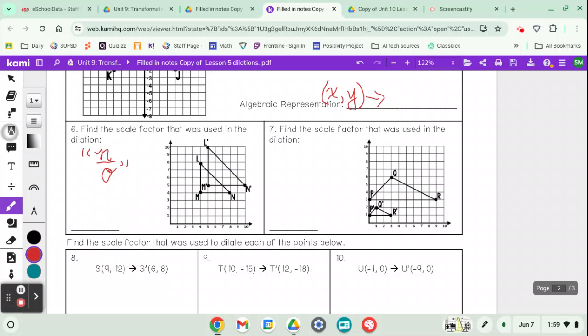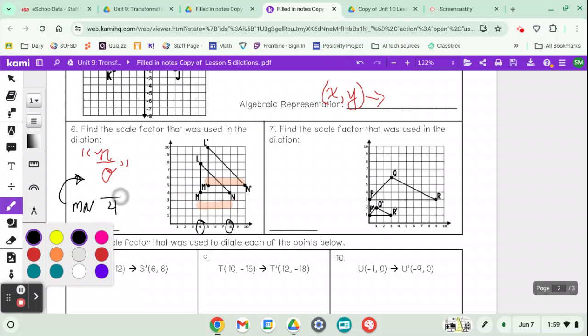In question 6, corresponding side MN up to M prime N prime, that's what I'm going to take a look at. And so I go to my graph paper and I see that segment MN, which is the original or the pre-image, goes from 4 to 8.